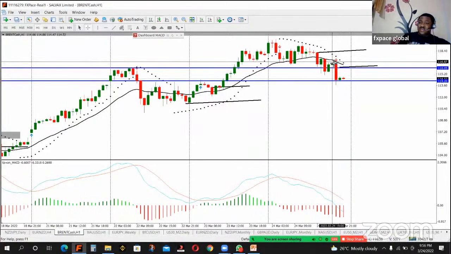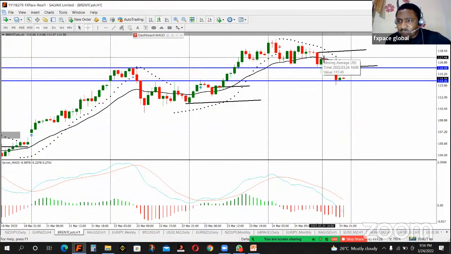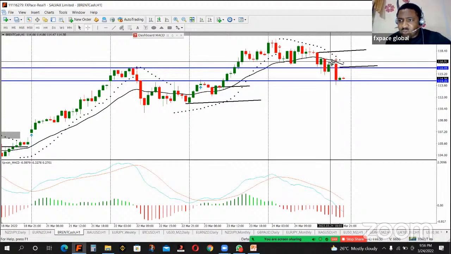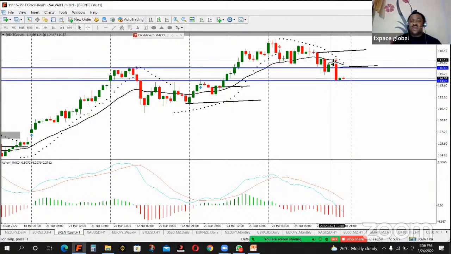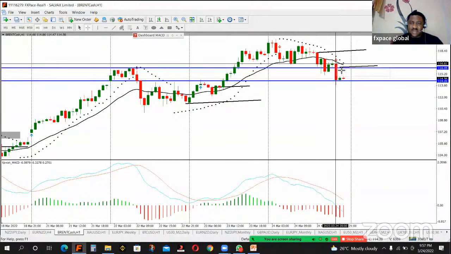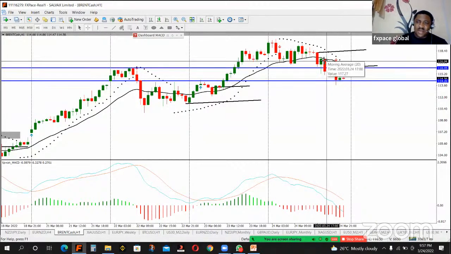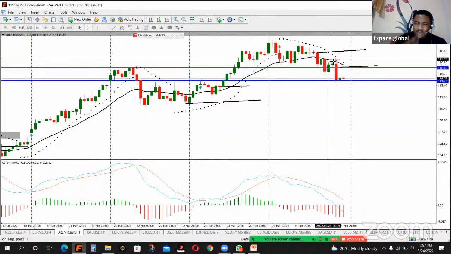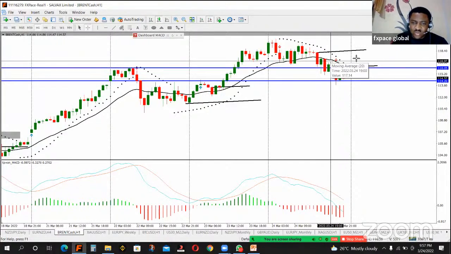Okay, this is 117.46, and this is 116. So you've lost almost $1, $1 and some cents. You would have missed, and it wouldn't be nice. You would have left when the price is high, leave the market, then the market continues with it.